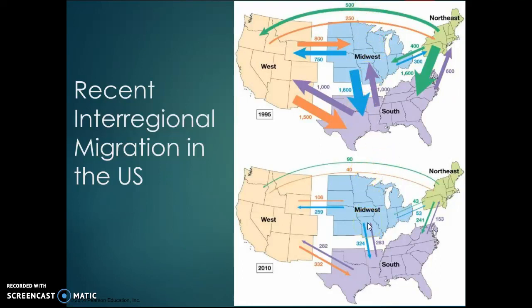So with the Midwest, what we see here specifically is there's more people wanting to move south than there's wanting to move north. What you guys need to do is understand the general flow of the United States populations. Where do people want to go? Where do people not want to go? There's a lot of people that want to move south.